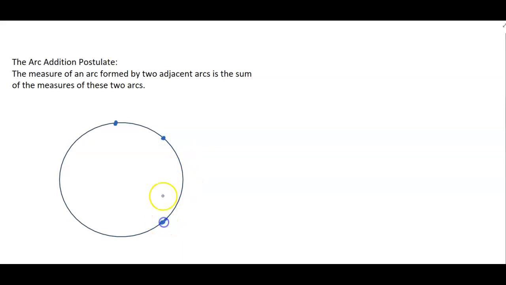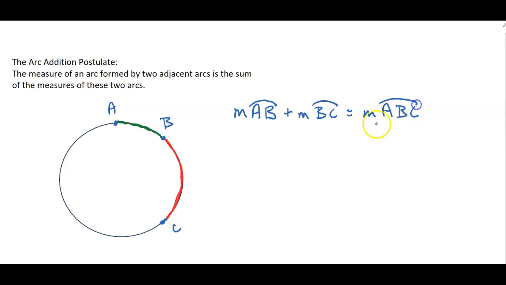If I have arc AB right here, and then arc BC right here, then the measure of arc AB, new symbol time, we put a little arc over it, plus the measure of arc BC is equal to the measure of arc ABC, or you could say measure of arc AC if you wanted to.